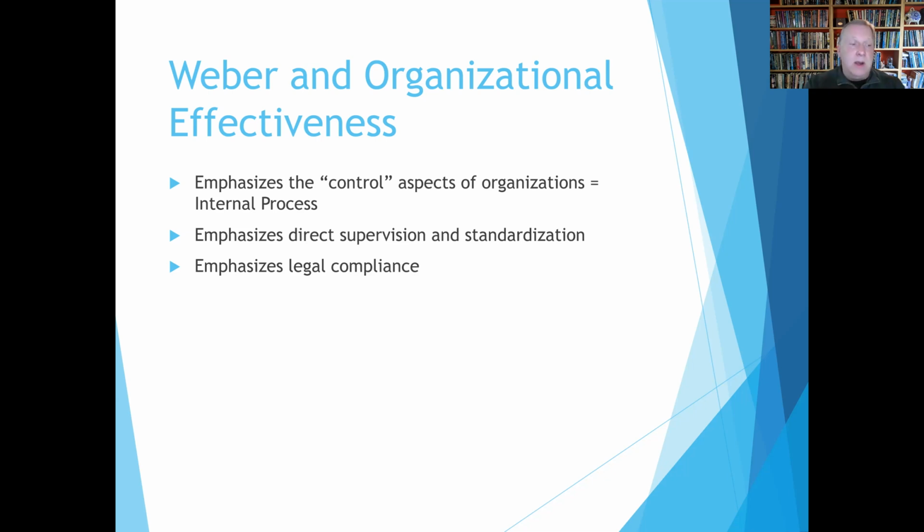The way in which we do it is by controlling the internal processes within that organization. We control and coordinate work primarily through direct supervision and primarily through standardization of work processes and standardization of worker skills. So there's a lot of standardization and a lot of top-down direct supervision.